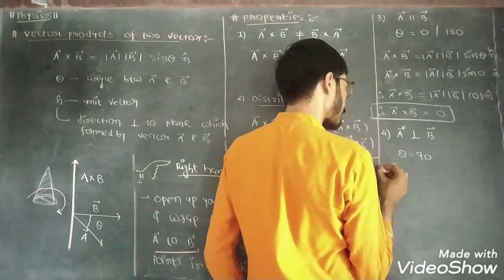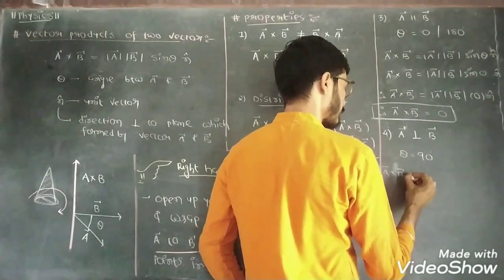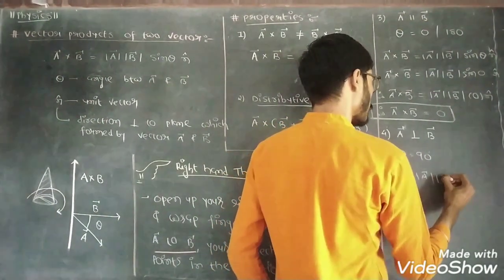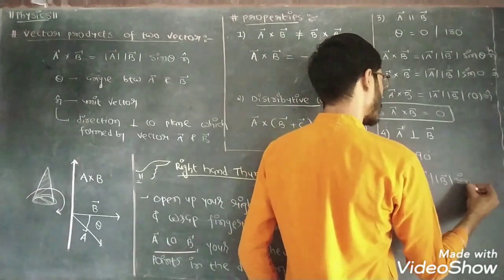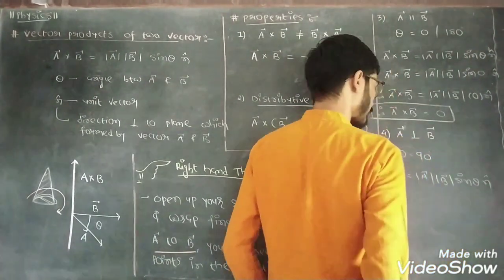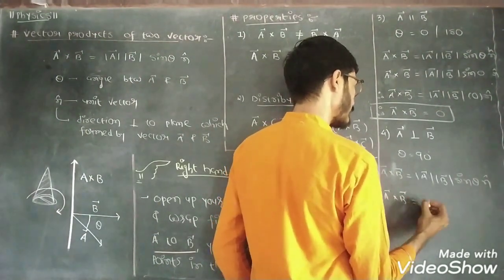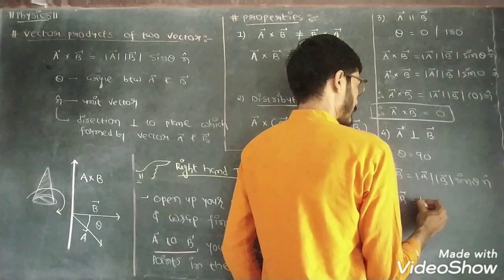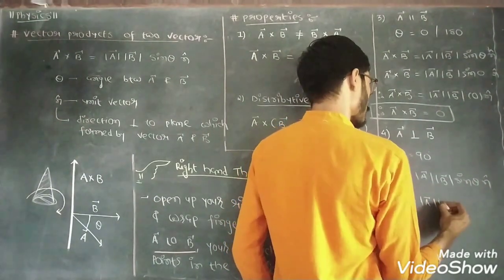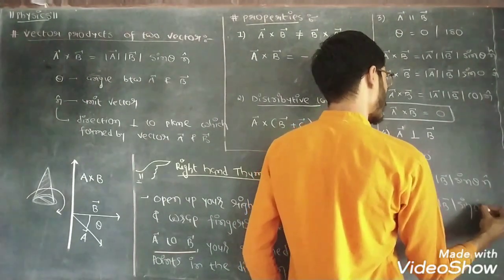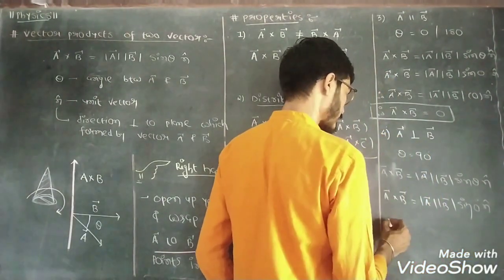Now suppose two vectors are perpendicular to each other, then the angle is 90 degrees. The formula of vector product A cross B is mod A into mod B sin theta into n caret. So A cross B equal to mod A as it is, mod B as it is, sin 90 degrees, n caret as it is.